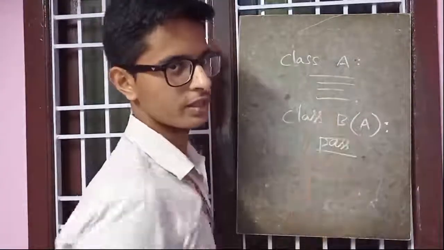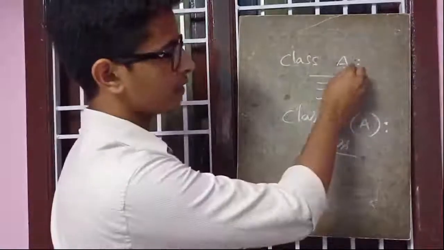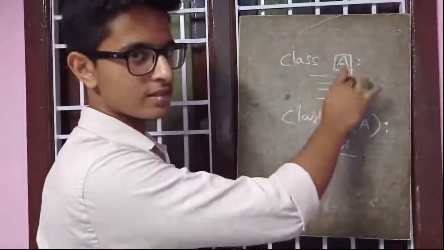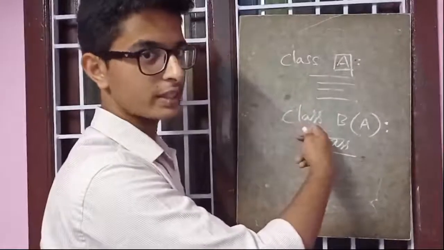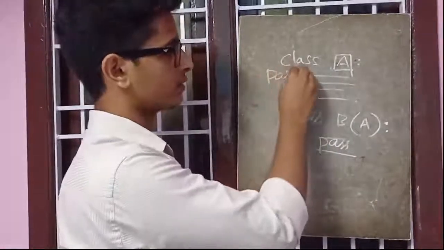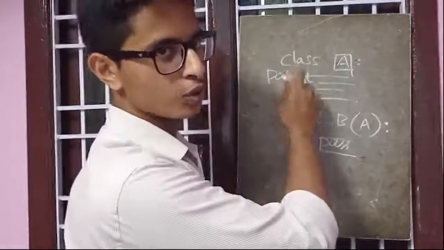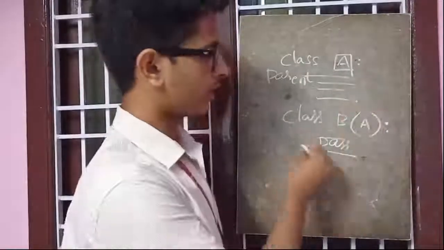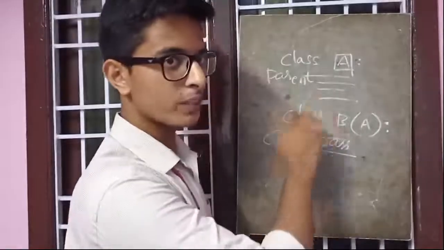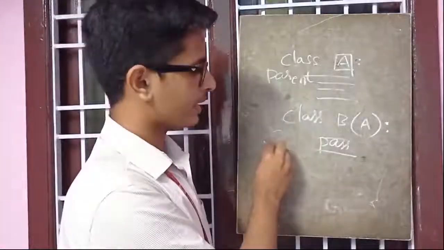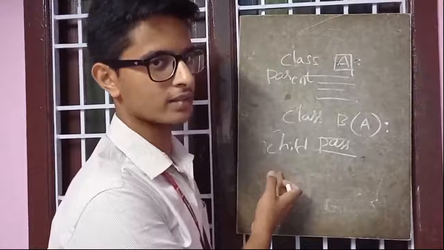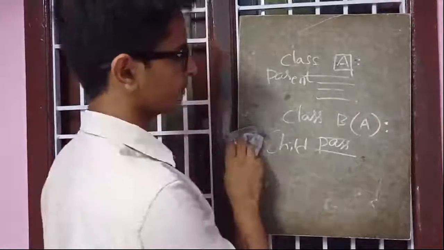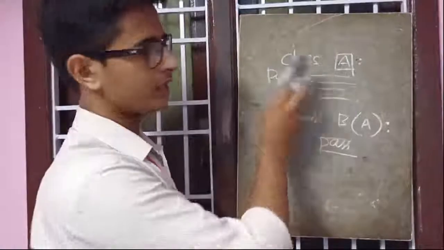And see here, the class from which all the methods are inherited is called parent class, or superclass, or base class. And the class which inherits all the properties from another class is called child class or derived class. Other names also.